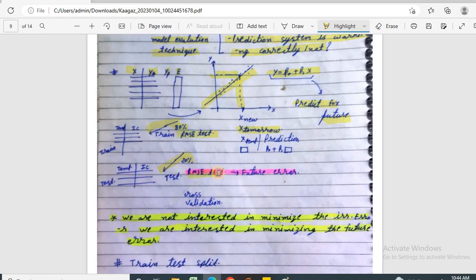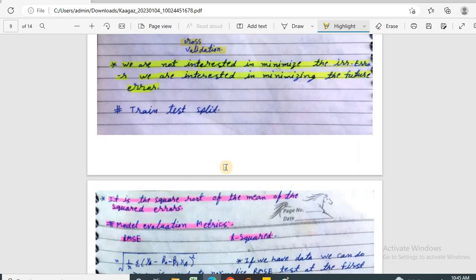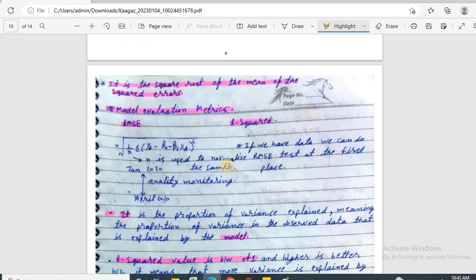Our target is to reduce this test RMSE, that is the future error, and this process is called cross validation. We are not interested in minimizing the irreducible error, we are interested in minimizing the future error. So for that we do train test split.